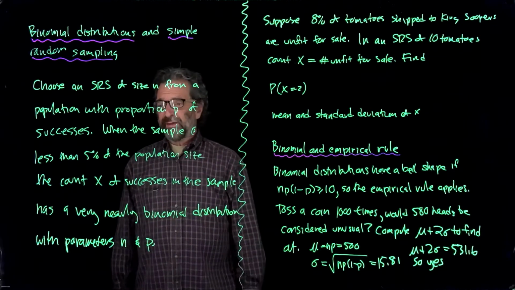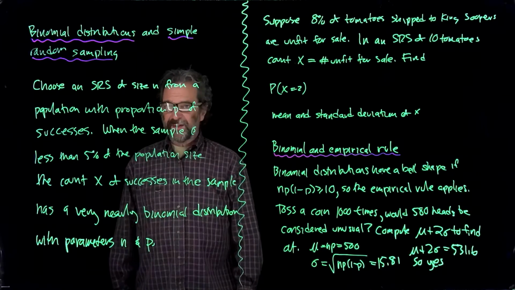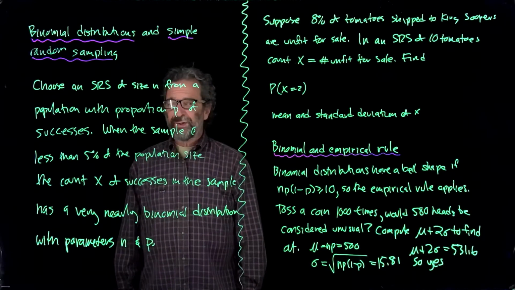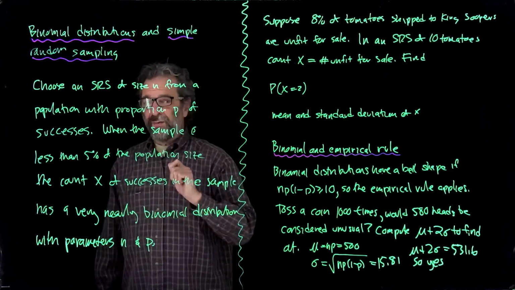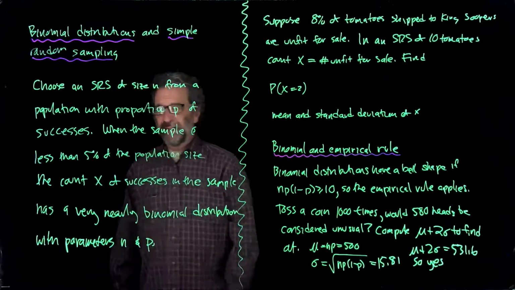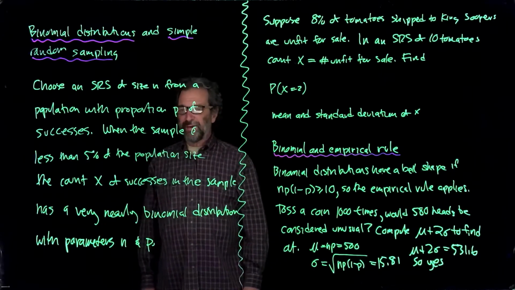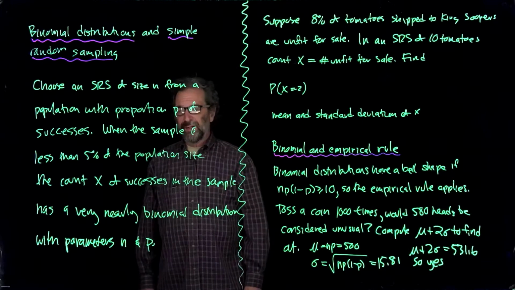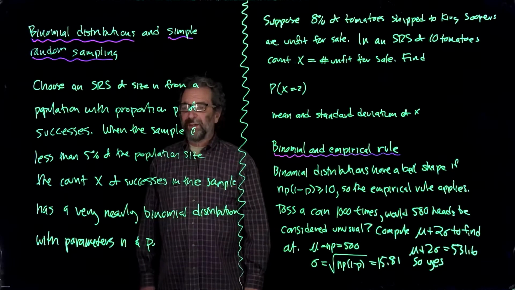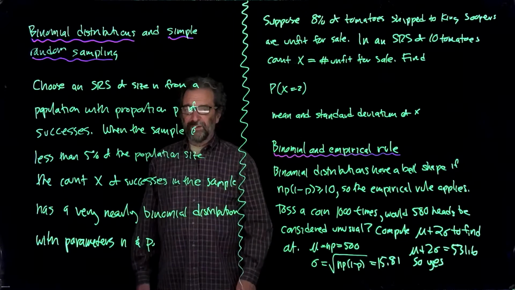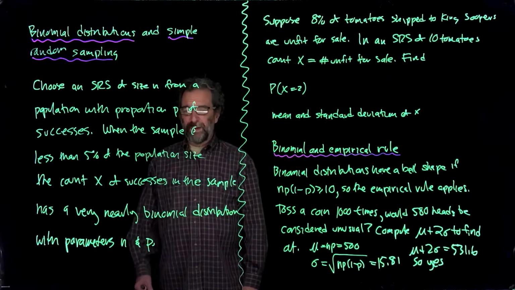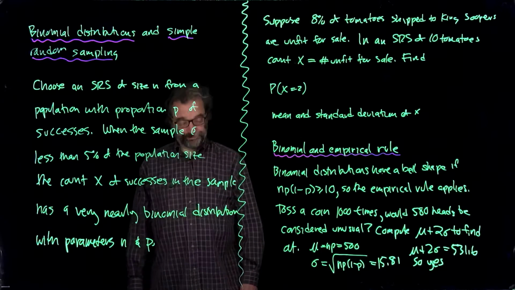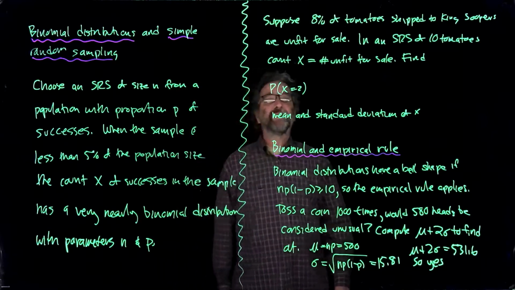To keep that from influencing the results, we don't want that probability to change too much from go to go. We can arrange that as long as the sample is less than 5% of the population size. You never pull enough out of the population to change the proportion in a way that will influence the outcome, so it looks like you're sampling with probability p at each sample, and you get a binomial distribution with parameters n and p if you count successes. That was a mouthful.